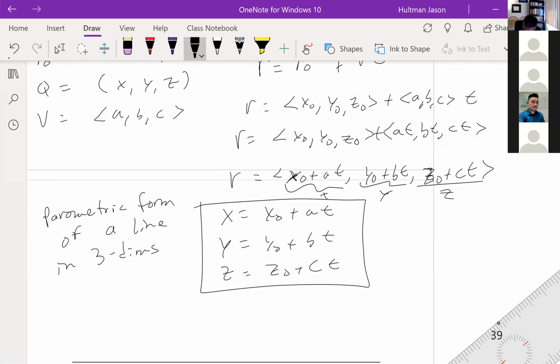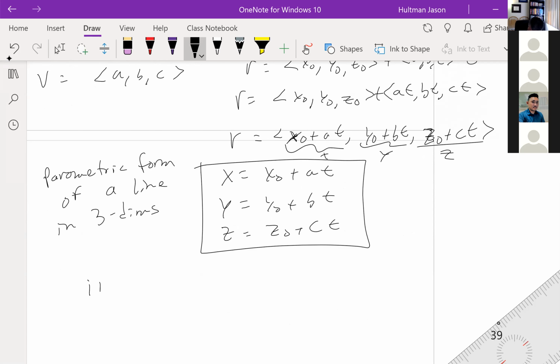Okay, if we solve for t in each of these, we could say that x minus x naught over a is equal to y minus y naught over b is equal to z minus z naught over c.